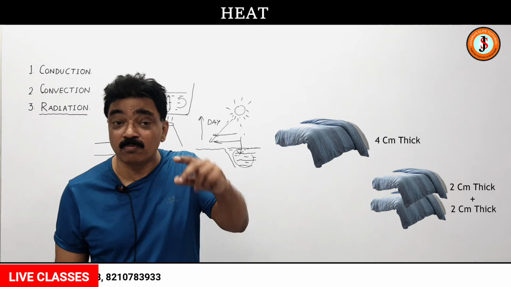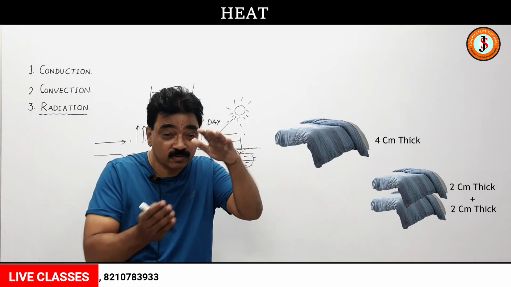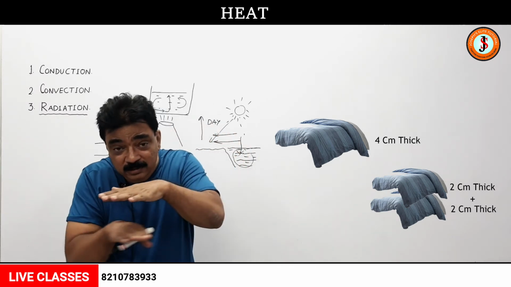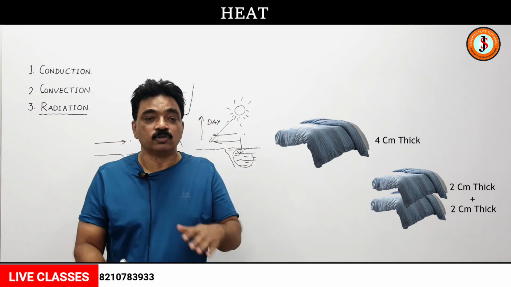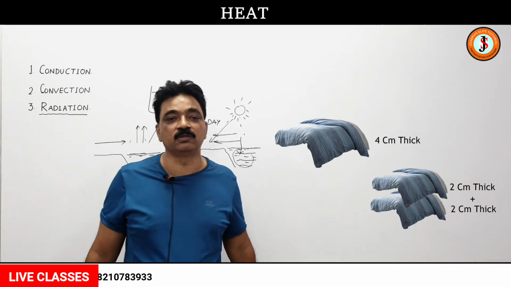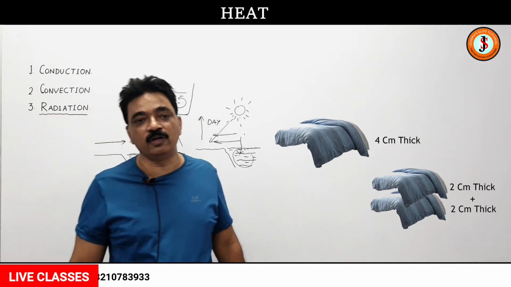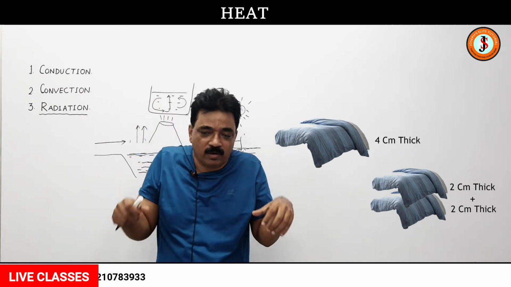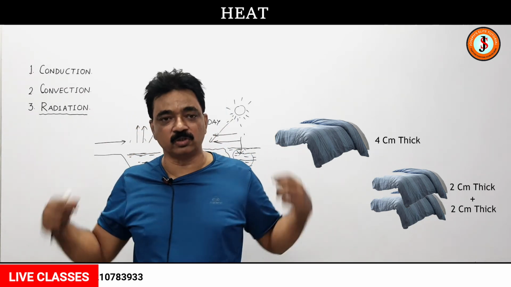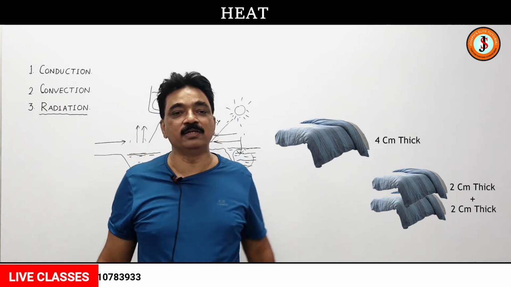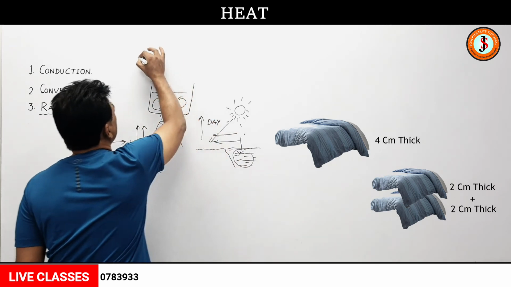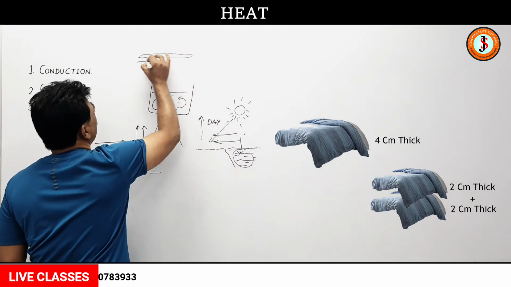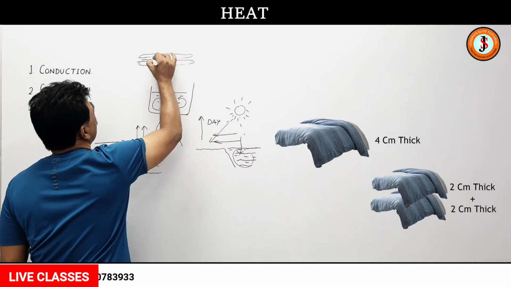You should use the thinner blankets. If you combine them together, it has an air column in between, so it further makes it a very, very poor conductor of heat. In winter, when you are having 2 blankets on top of you, in between them there is an air column also.